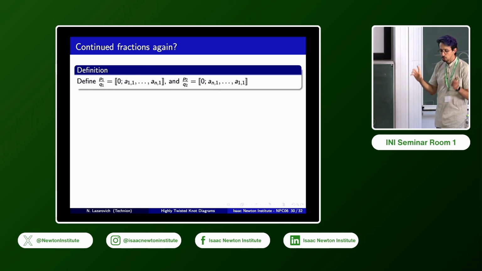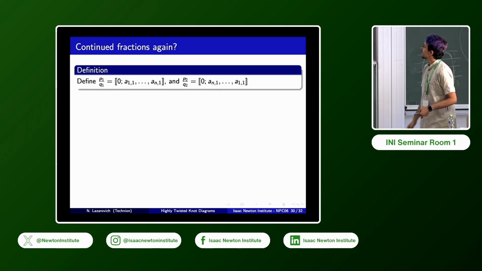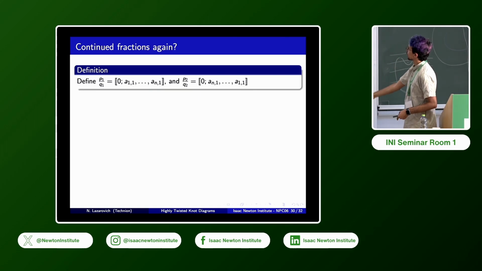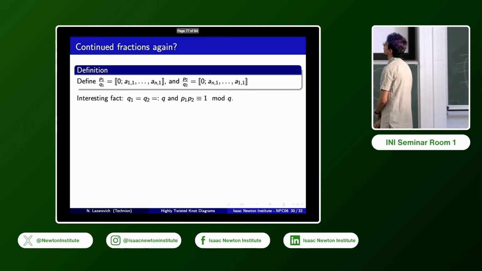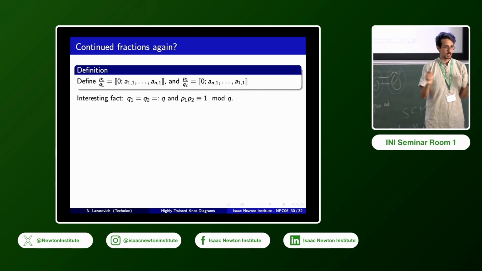So one actually gets two such rational numbers. One is reading it from top to bottom, and the other is reading it the other way around. Which makes sense because the two-bridge knots are the same up to flipping them. So this pair of rational numbers completely describes the two-bridge knot.